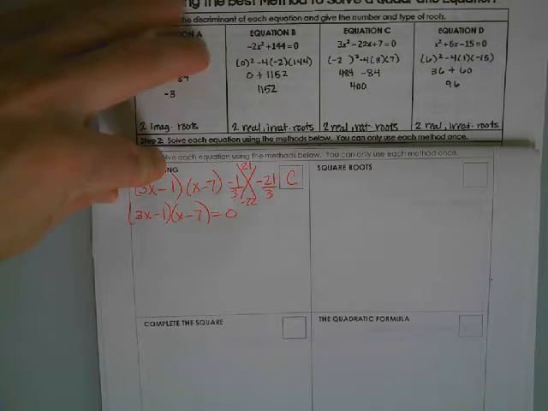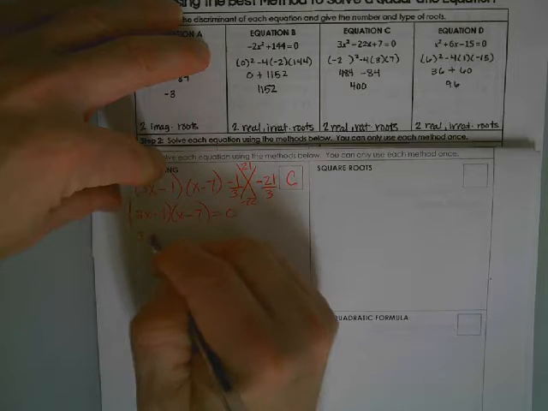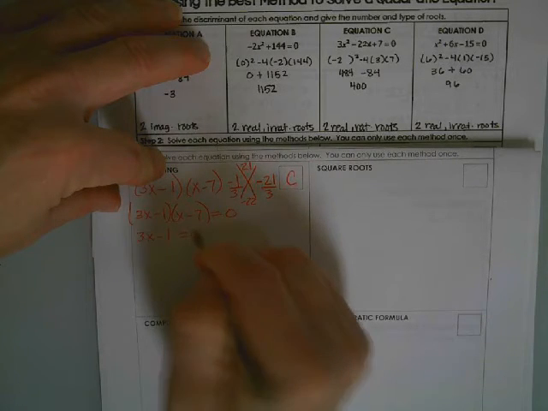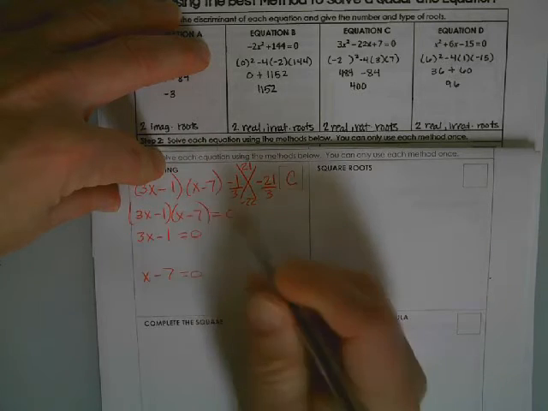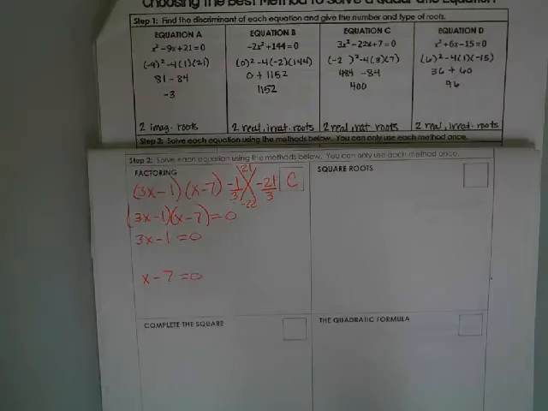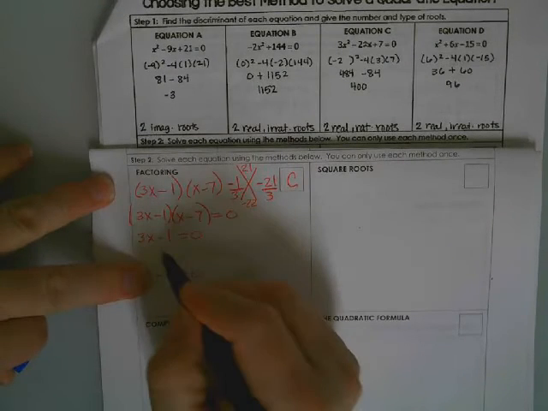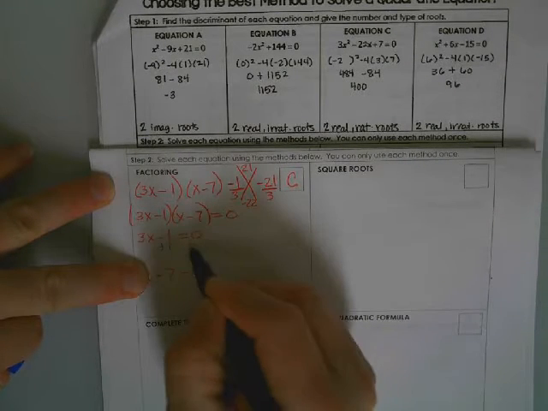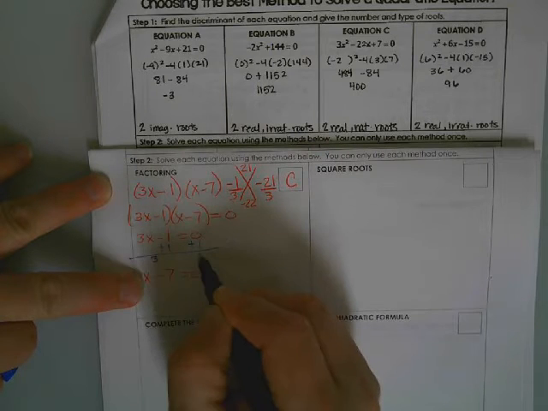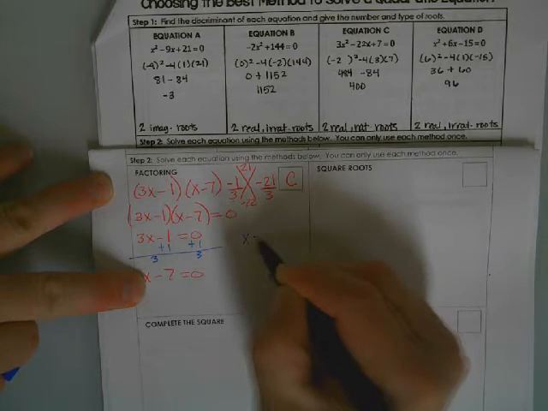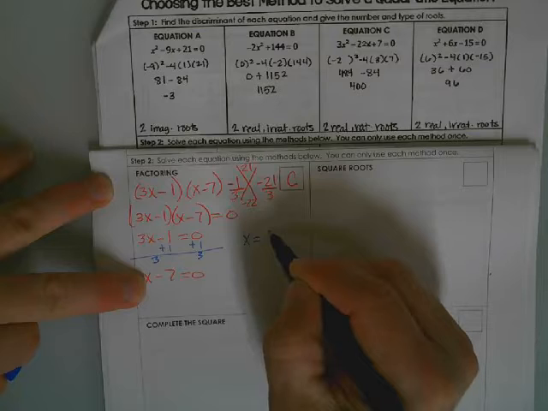When we're solving, we set 3x minus 1 equals 0, or x minus 7 equals 0. For 3x minus 1, I have to add 1 to both sides, and then I'm going to divide by 3, right? So x is equal to positive 1/3.